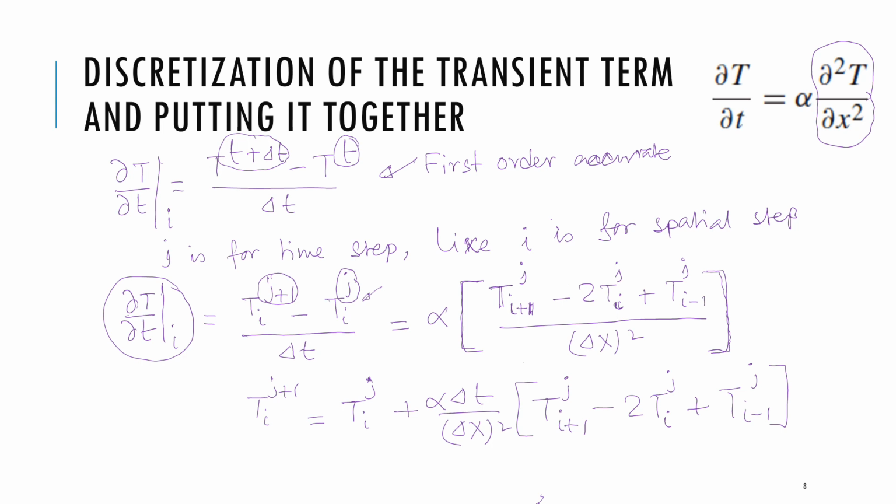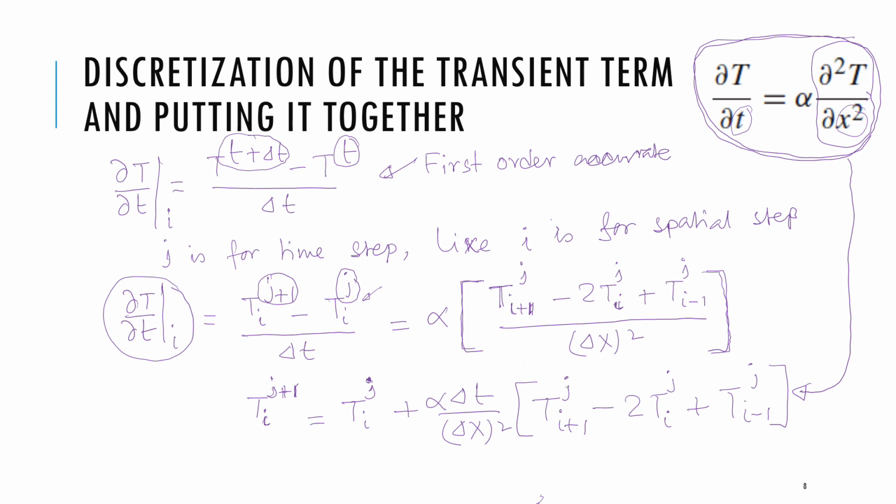And this is what we wanted to do. So you realize that instead of this partial differential equation that is a function of t and x, we have converted that to an algebraic equation where temperature at i at time j+1, I can find from knowing things at the previous time step.